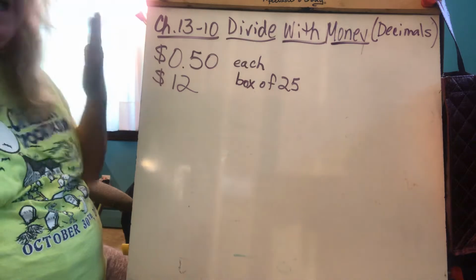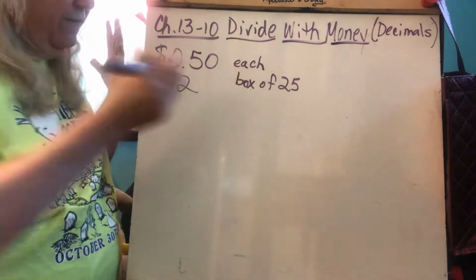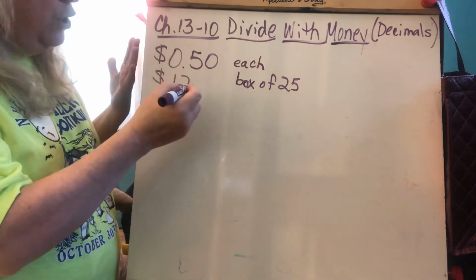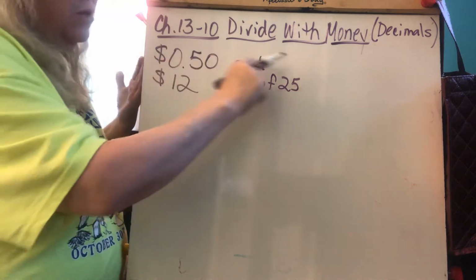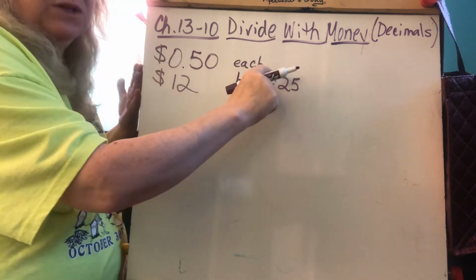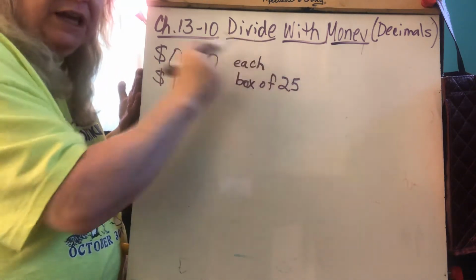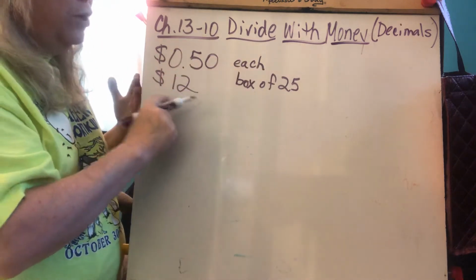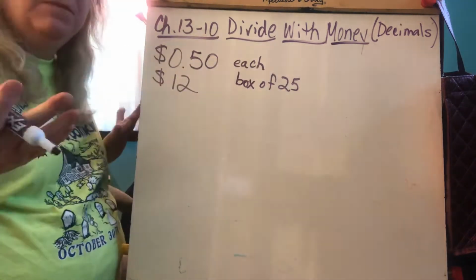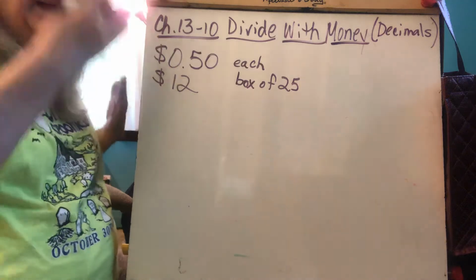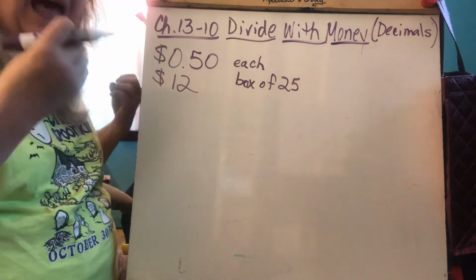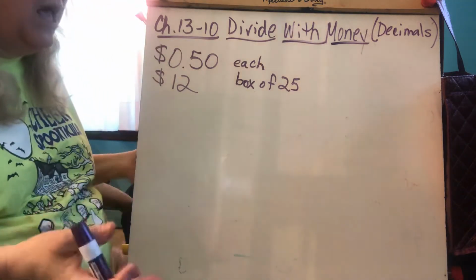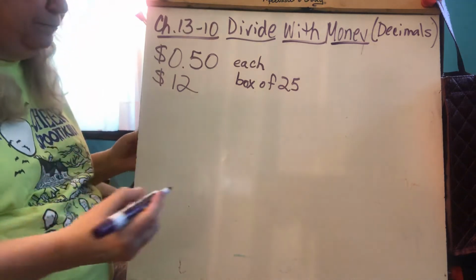Okay, so we can't just look at this and know this off the top of our head. We know what it's going to cost for each individual card if you buy them separately. But when you buy a box of 25, we only know how much the whole box costs. We don't know what each card inside that box actually winds up costing us. So we have to do a division problem.